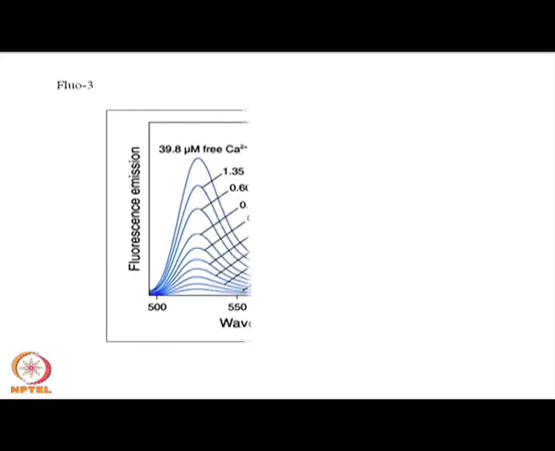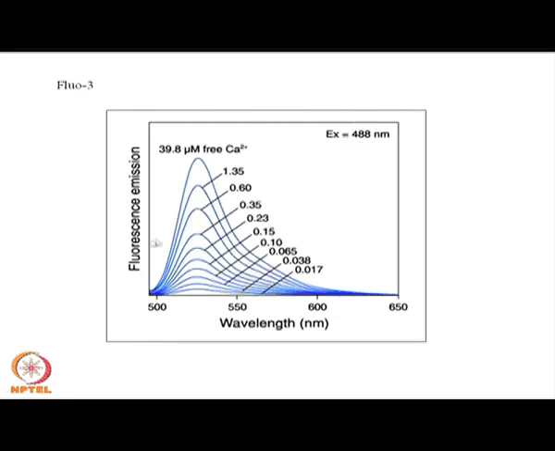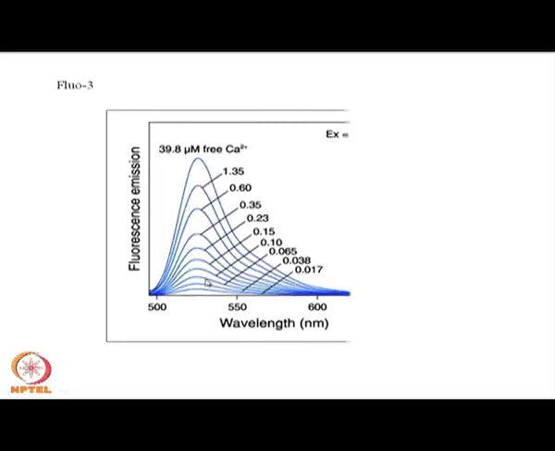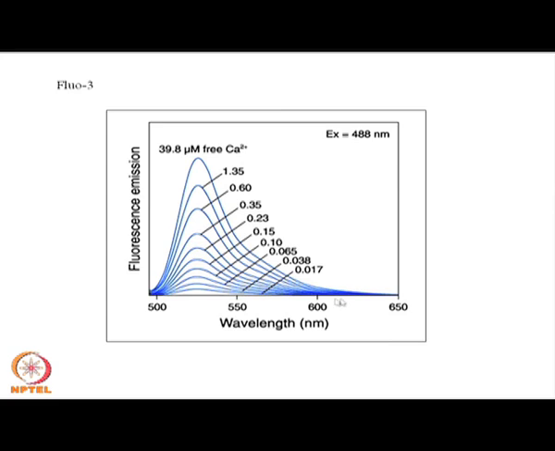So, if you think of the emission spectra excited at this wavelength, about 490, when it is excited, you see that with increase of calcium 2 plus concentration, its fluorescence intensity is increasing.